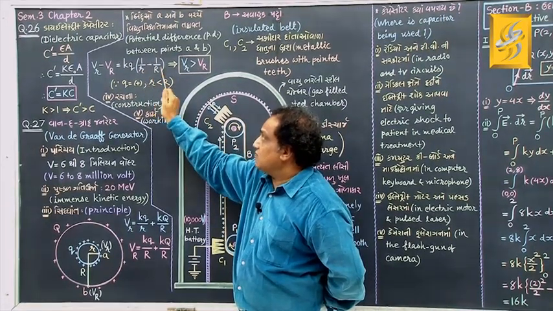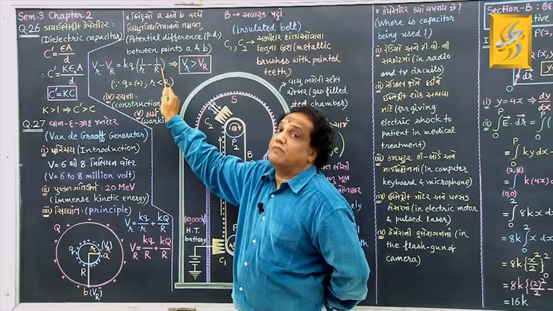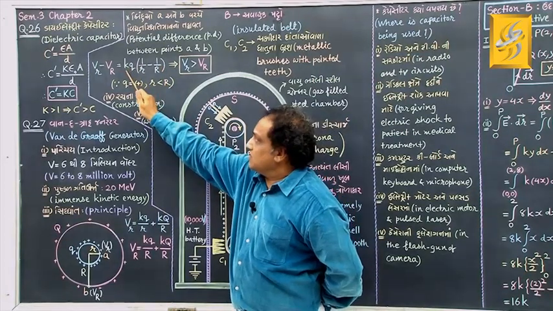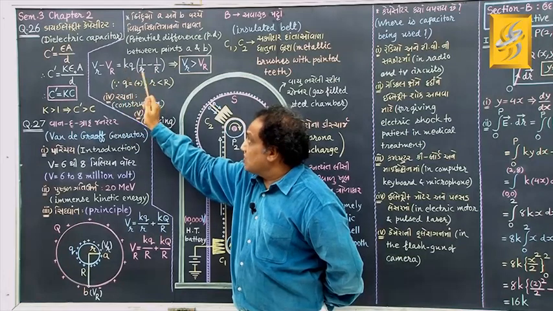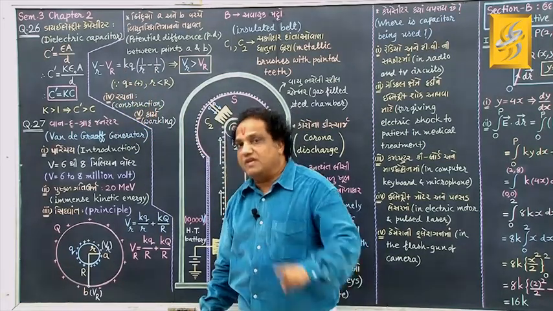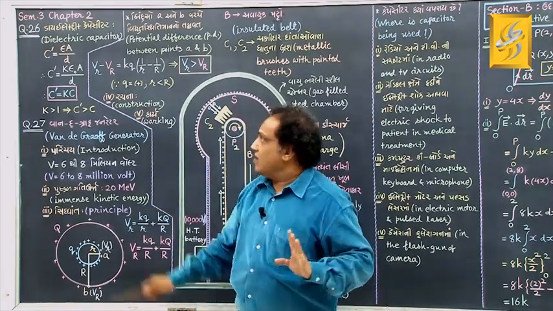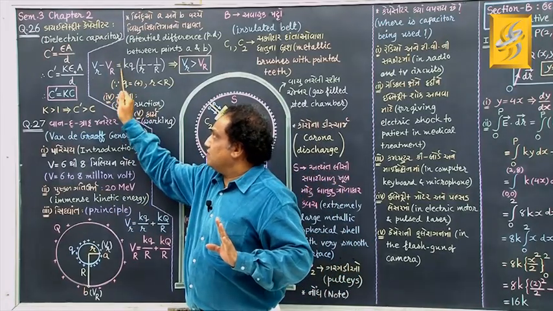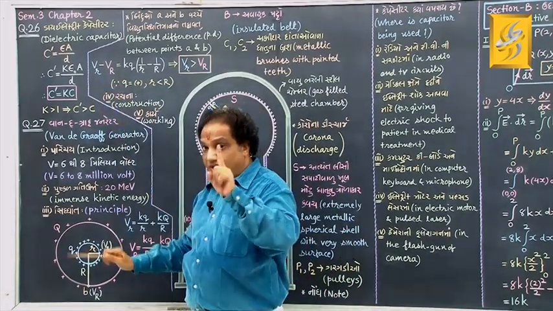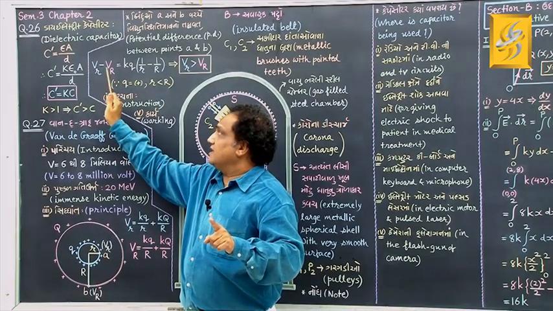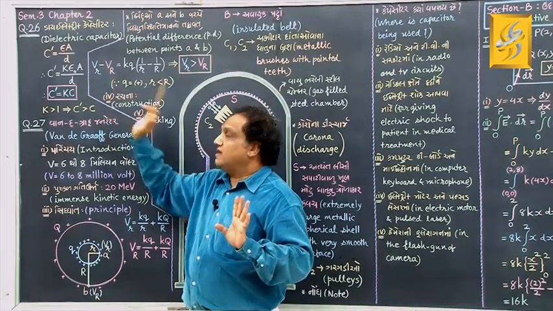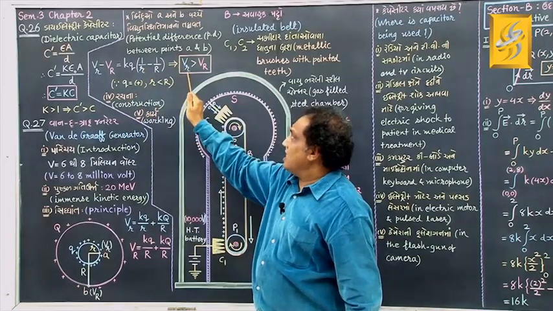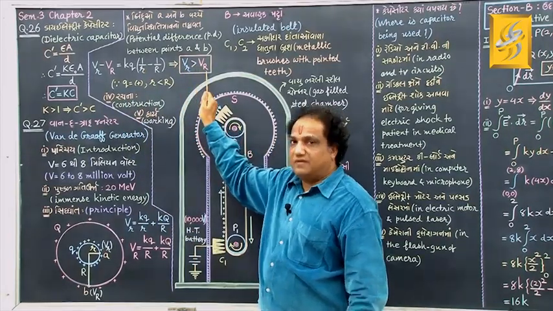So bigger minus smaller, that bracketed term will be positive. Multiplication of three positive numbers will give you a positive value. And when the difference is positive, what does it mean? That this will be greater than this. V small r will be greater than V capital R.